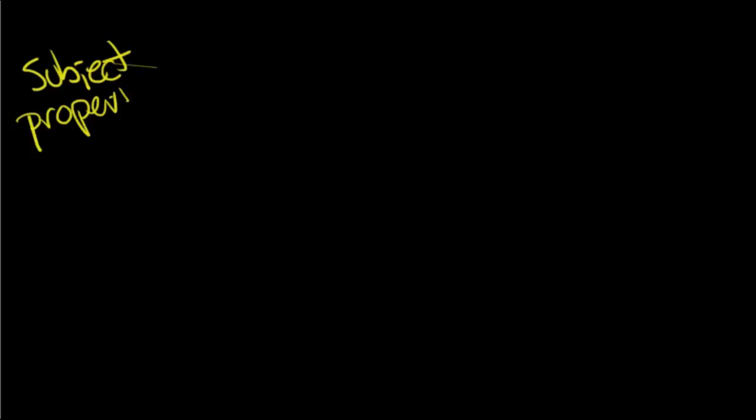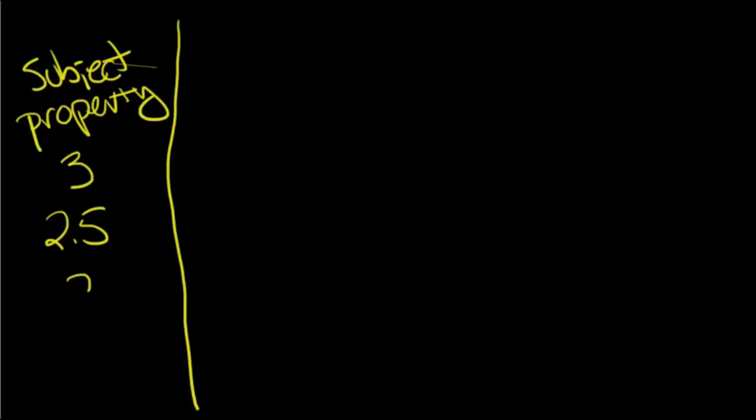I'm going to draw a line here, and let's say this subject property has 3 bedrooms, 2.5 baths, and a 2-car garage. What we want to do is find out how much we're going to sell this for. So what's the sales price going to be?